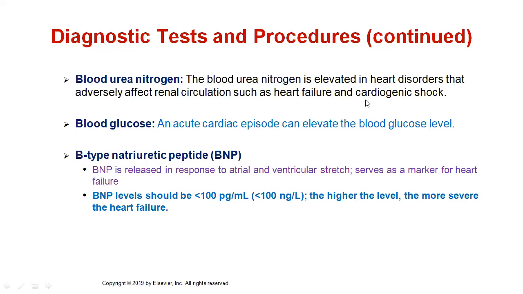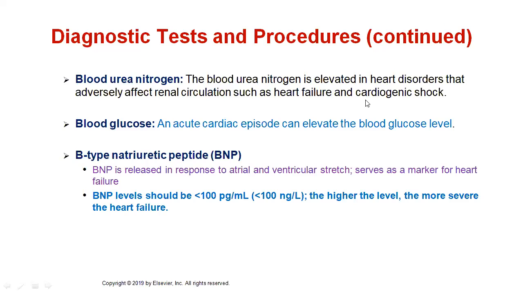And usually the blood glucose is 70 to 110 milligram per dL. Acute cardiac episode, not talking about the diabetic, can elevate the blood sugar level as well. So if your patient has diabetes for a long time, there is a chance of developing heart disease.